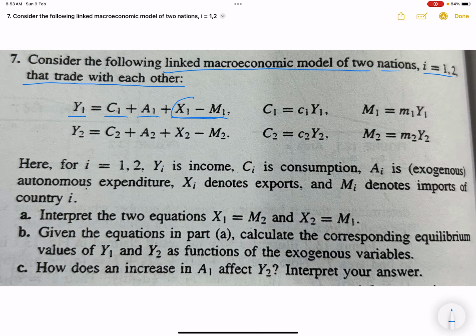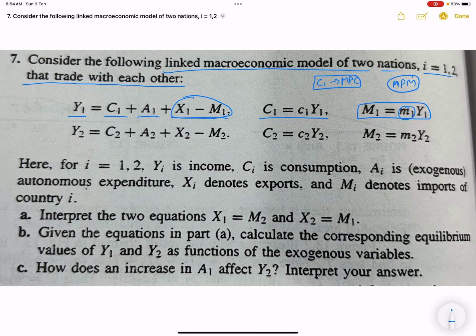This is net exports. C1 equals small c1 into y1, where small c1 is the marginal propensity to consume, and m1 is the marginal propensity to import. This means if your income increases by 1 unit, by how much more will you import?